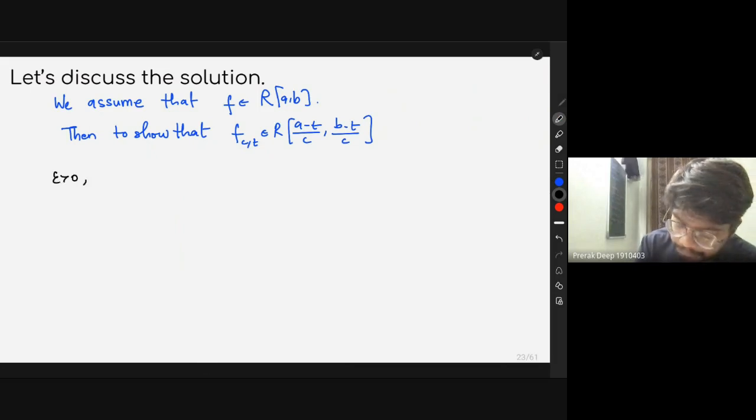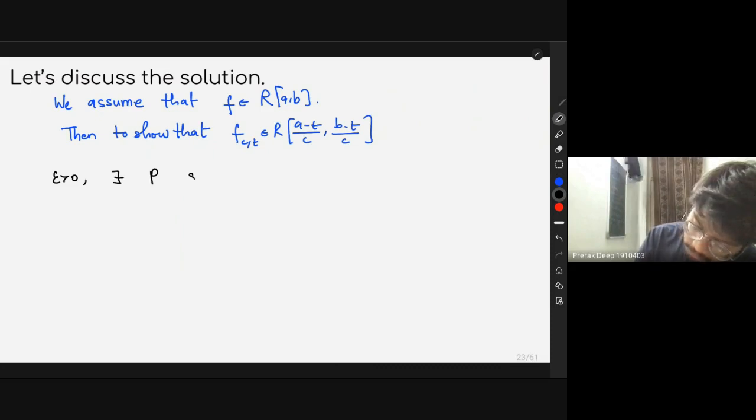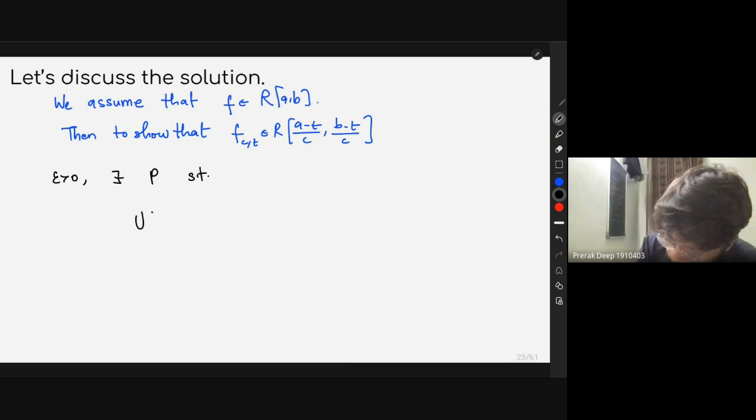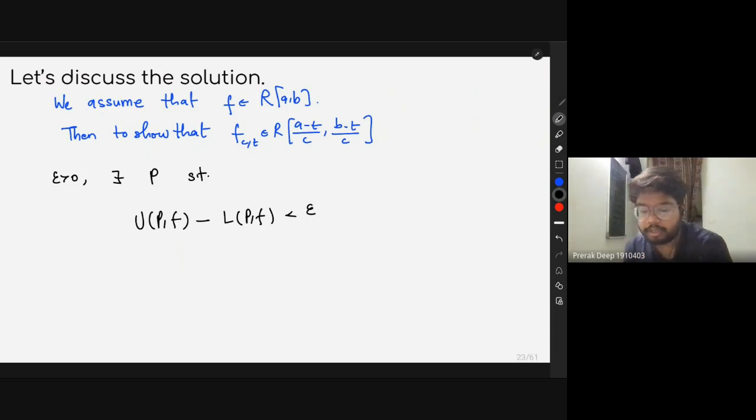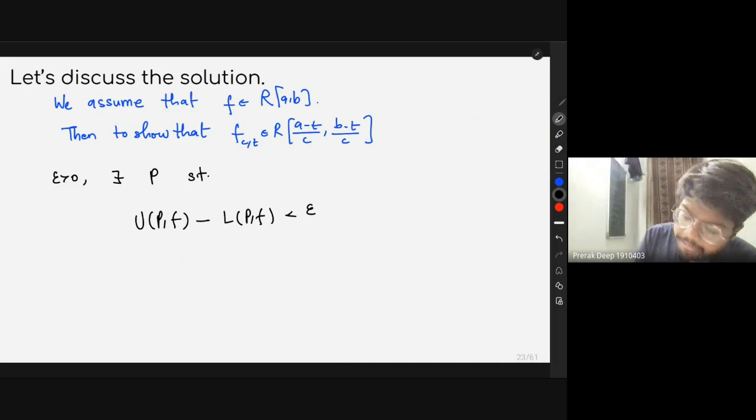For epsilon greater than 0, we need to say that there exists a partition such that U(P, f) minus L(P, f) is smaller than epsilon. For any given epsilon, there exists such a partition. So we start with the assumption that f has such a partition.